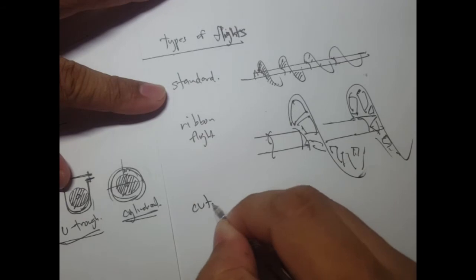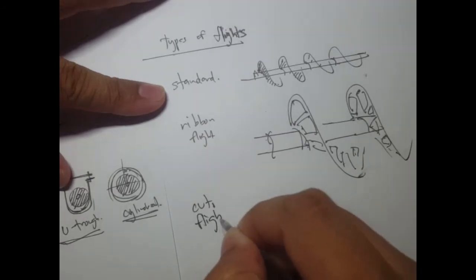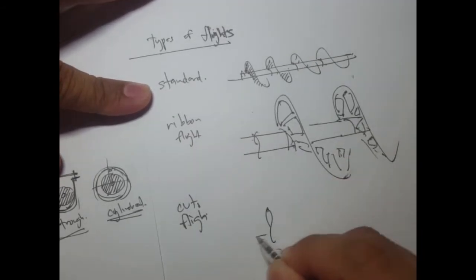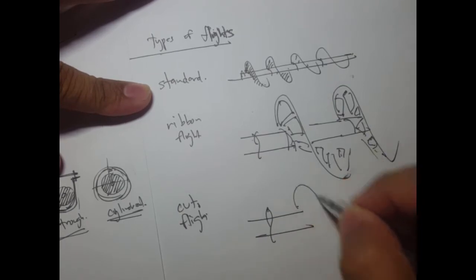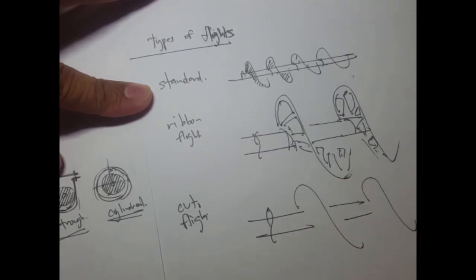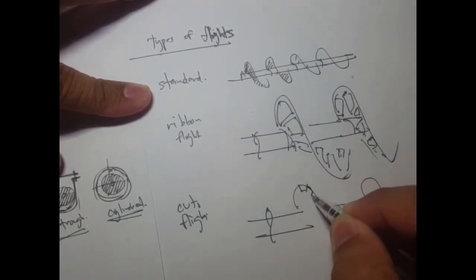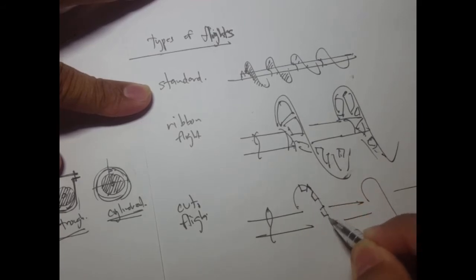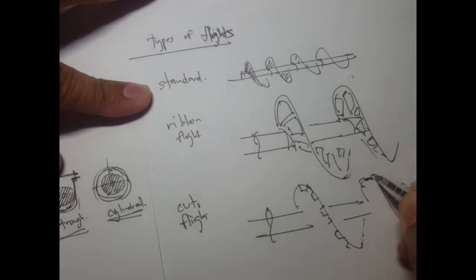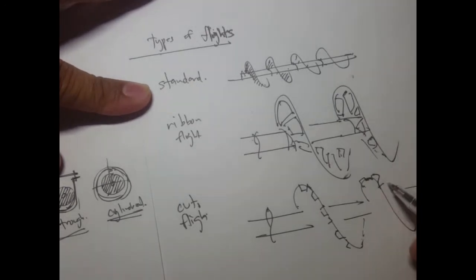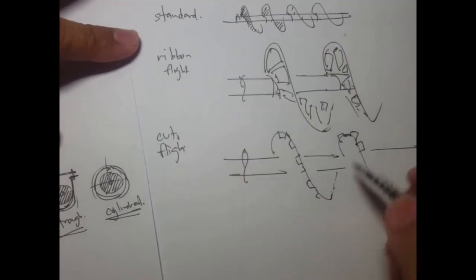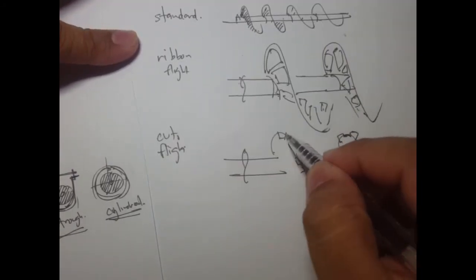Now for cut flights, we have something like this. There's a cut portion somewhere along this flight. Sometimes instead of just having it cut, it can be folded.